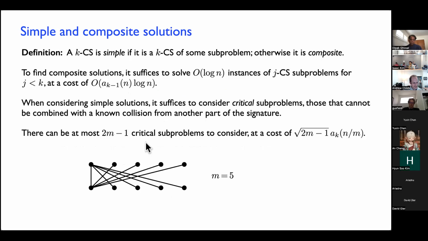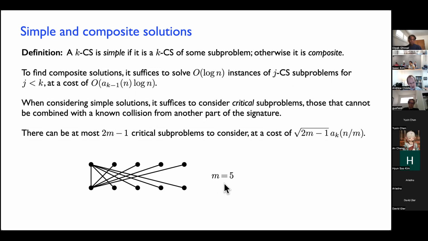And essentially, let me just say quickly that when we try to find these composite solutions, we only have to solve instances of this JCS problem for smaller values of J. So that's why this cost is going to be something manageable.